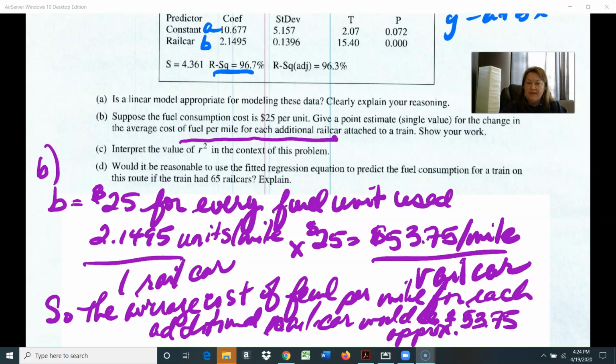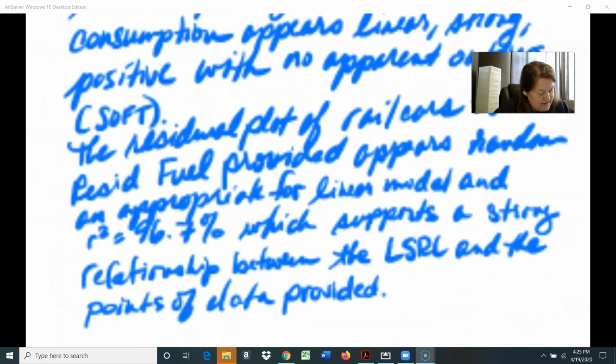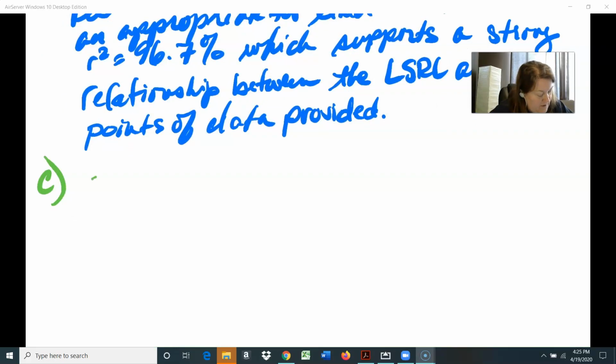Part C says interpret the value r squared again. So we're going to take that 96.7. I'm going to change my color here to something else. So part C, r squared equals 96.7%.